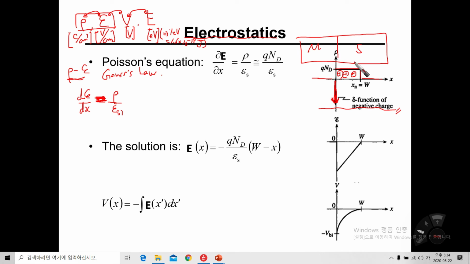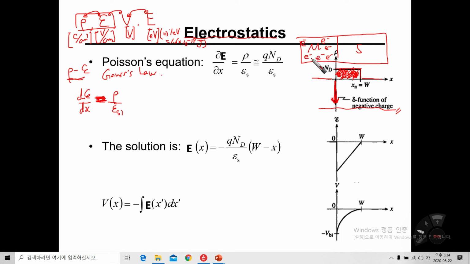Therefore, at some point, negative charge should exist and cancel out the total amount of positive charge. But intuitively, you already know that metal has tons of electrons.